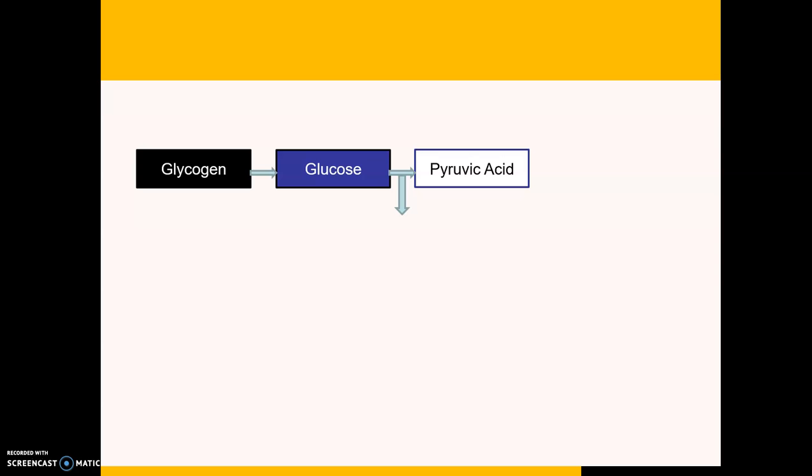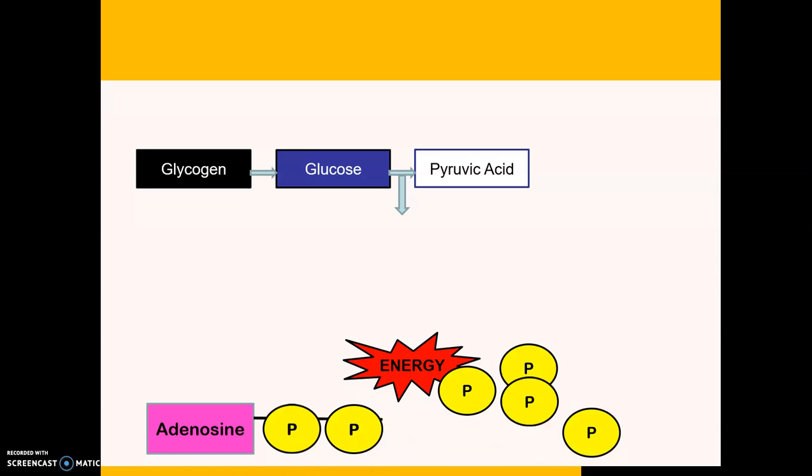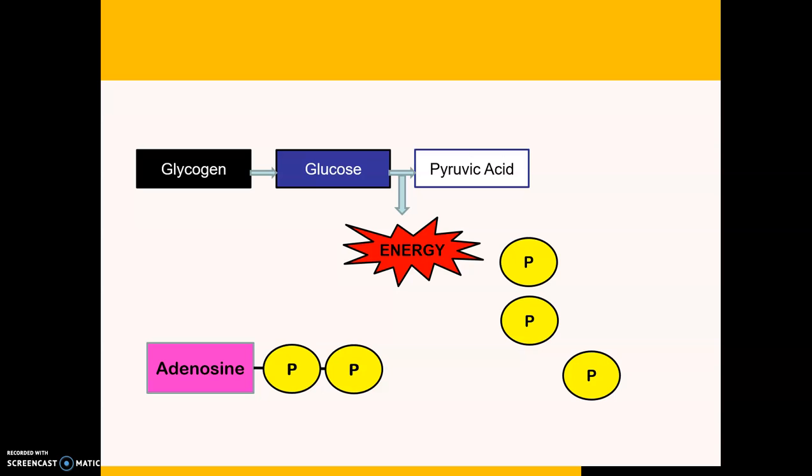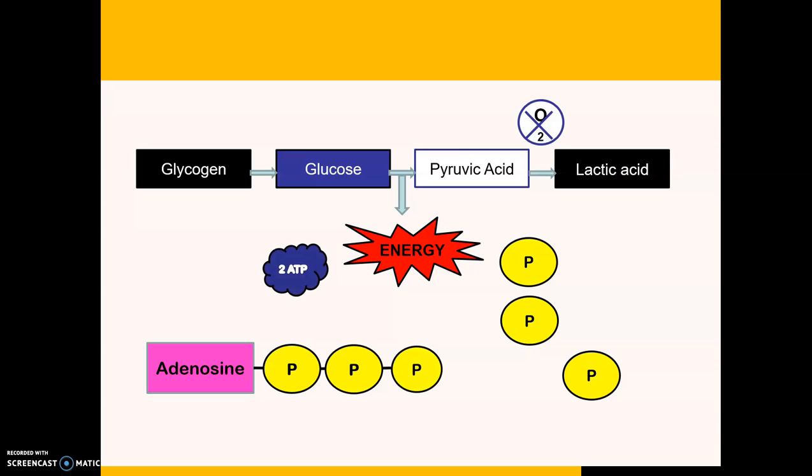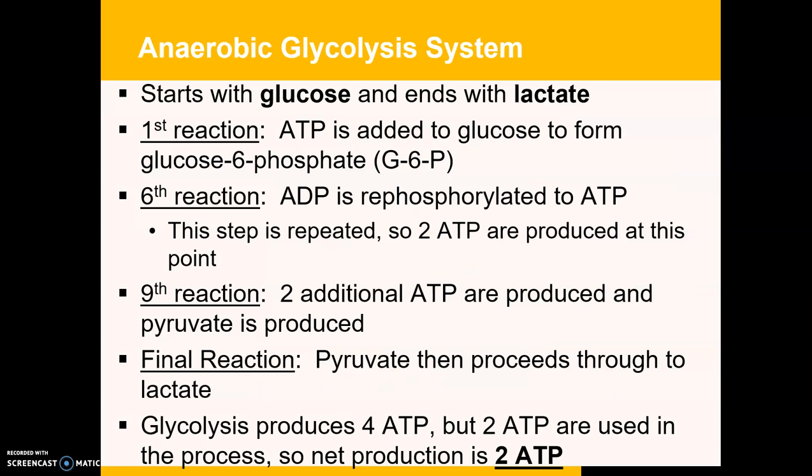So glycogen to glucose to pyruvic acid or pyruvate, and without oxygen, it then becomes converted to lactate or lactic acid. Okay.